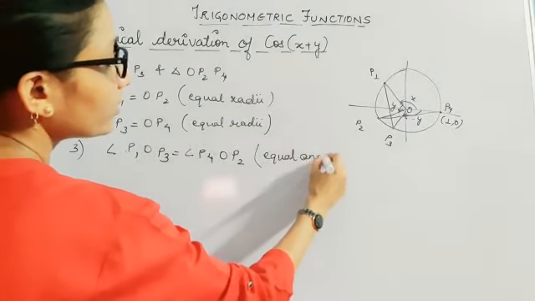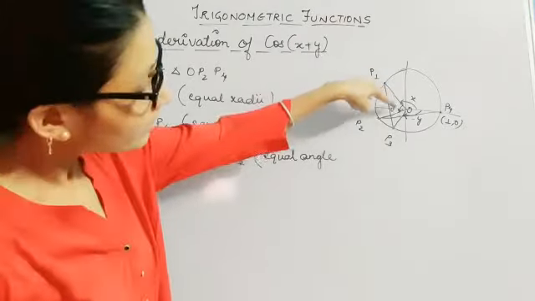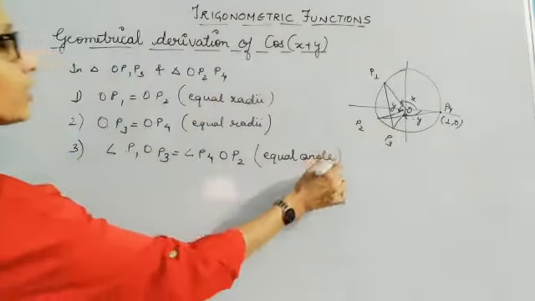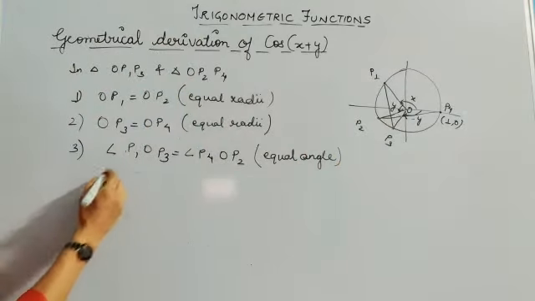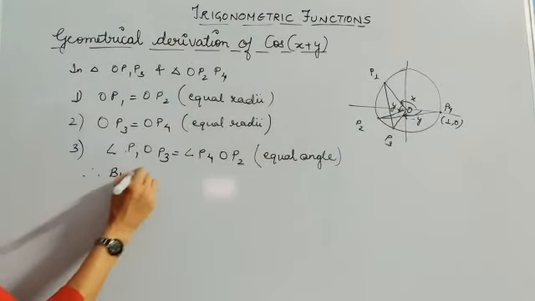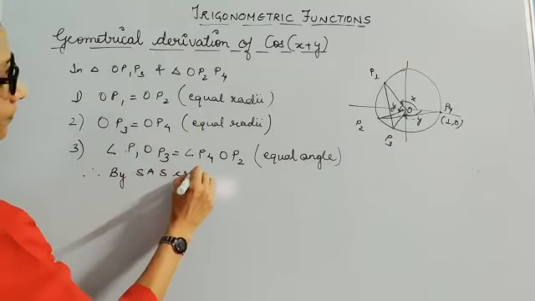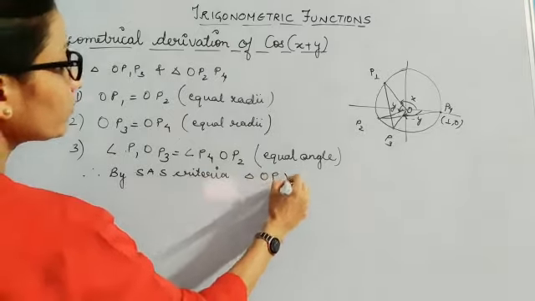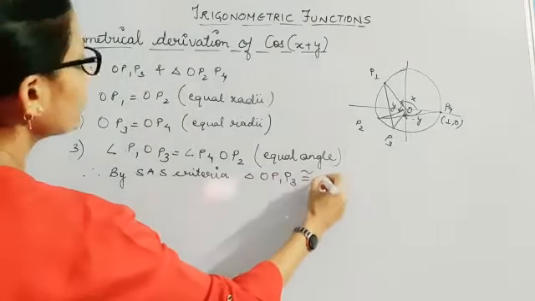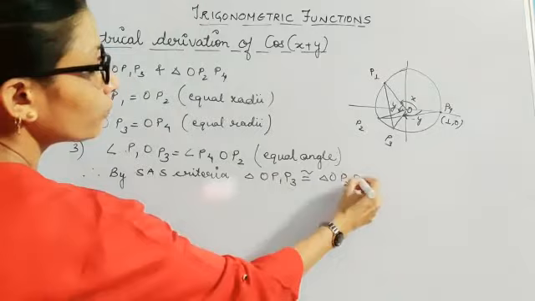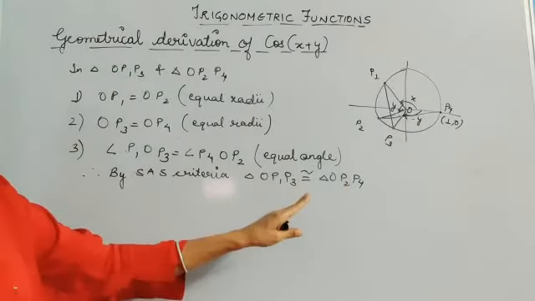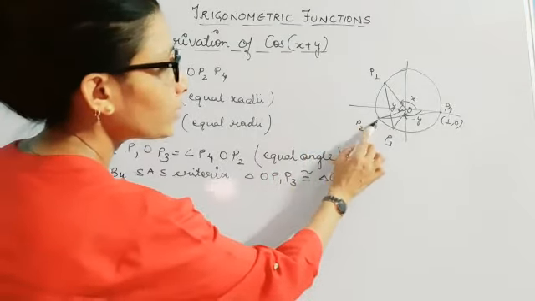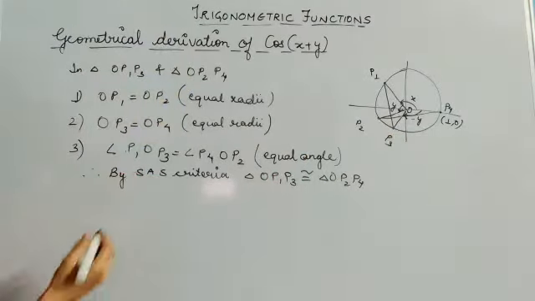Now, by SAS criteria, both the triangles are congruent. Therefore, by SAS criteria, triangle OP1 P3 is congruent to triangle OP2 P4. Now, if these two triangles are congruent, then I can say P1 P3 will be equal to P2 P4 by CPCT.